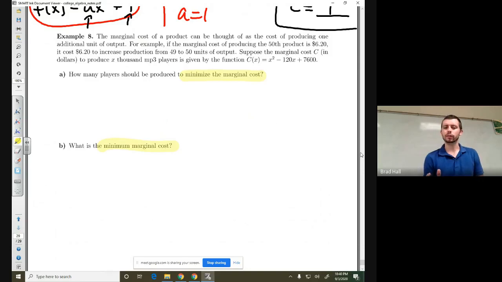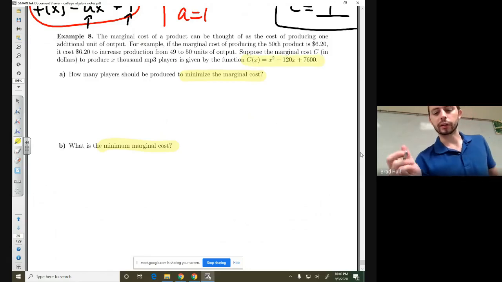And all that means is you're going to find for part A, the x-coordinate of the vertex, and then part B will be the y-coordinate of the vertex. That's because minimize as well as maximize, maybe a revenue problem, they're asking you to find the minimum or maximum value of a parabola. And in fact, the parabola in this problem, or the quadratic, is at the very end. All the other words are just garbage because they give you everything.